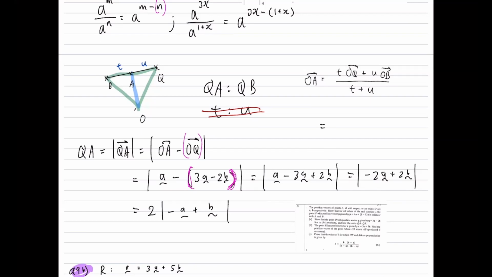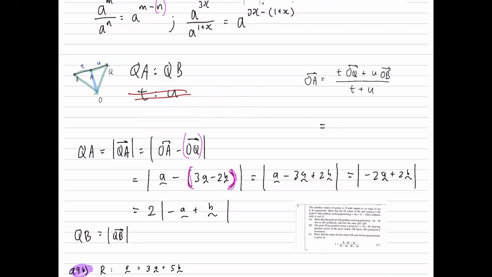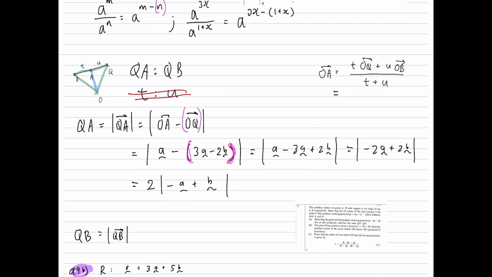But QA is not done yet. We still need to find QB. How? QB is actually just the modulus of vector QB, right? Yeah. So let's just shrink it down a bit. So it's OB minus OQ. Yes, correct. You got it.